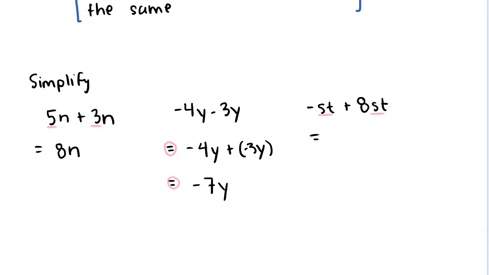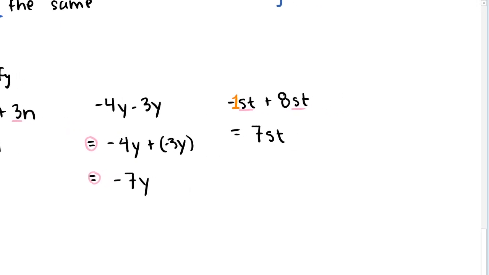And here, this left term has a coefficient of negative 1. The right term has a coefficient of 8. And so adding those together, I have negative 1 plus 8 sets of st. And so negative 1 plus 8, I owe $1, but I have 8. I can pay a little bit of that off and I'd still have $7 left over. So this is 7st. I'm just adding the coefficients.